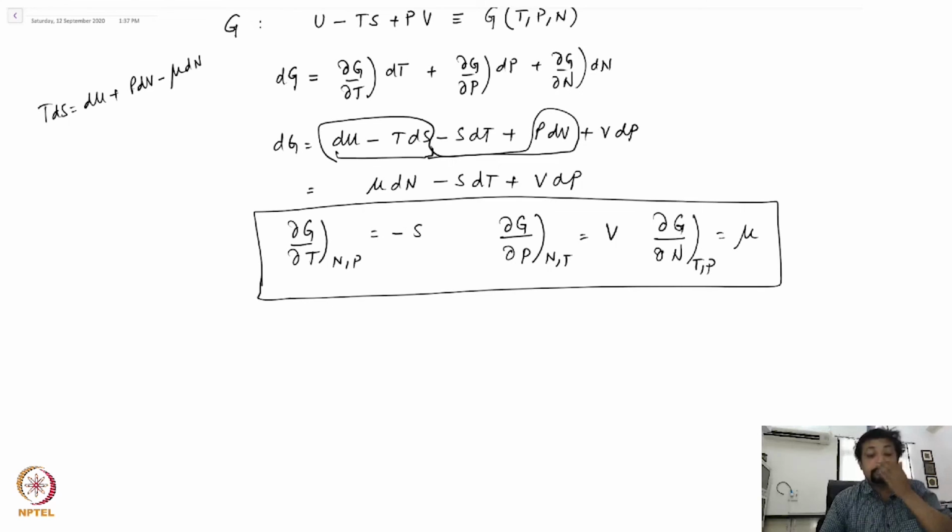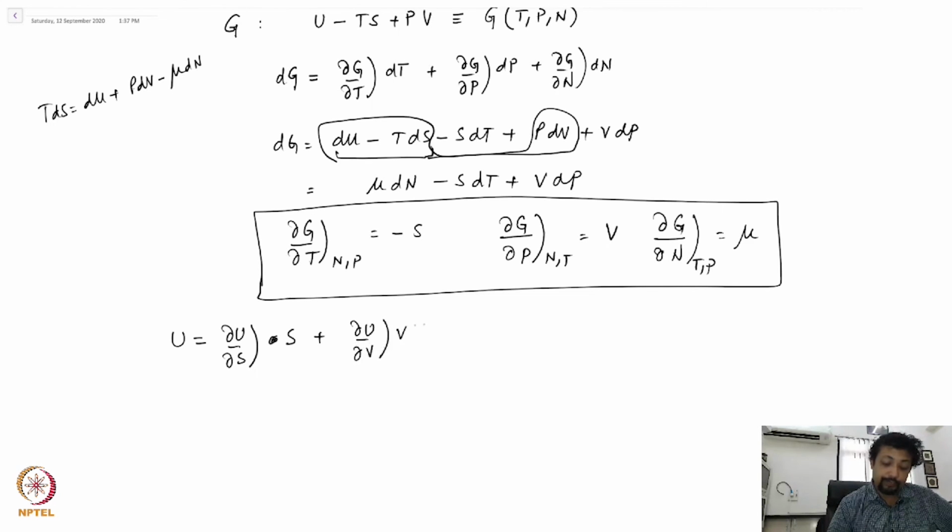But remember, we did the Euler relation for the energy. What does that Euler relation give us? That U was a function of S, V, N, therefore we had del U del S times S plus del U del V times volume plus del U del N times N, right?